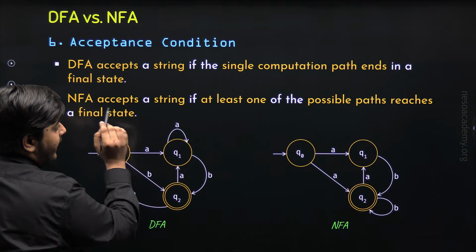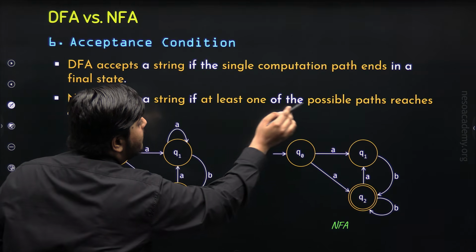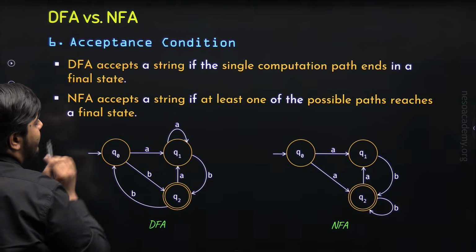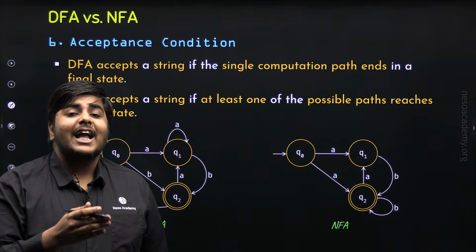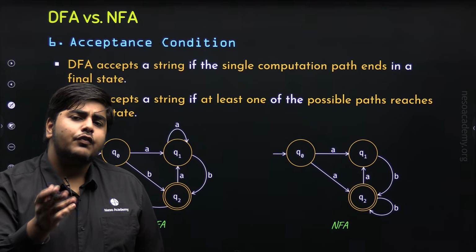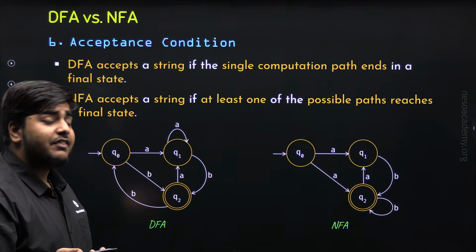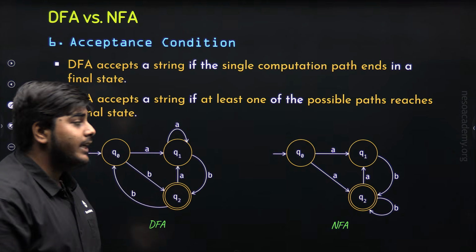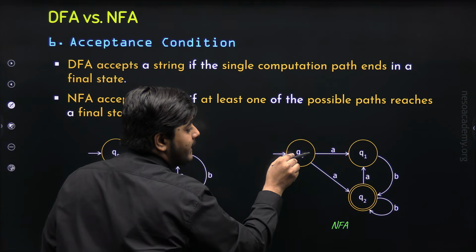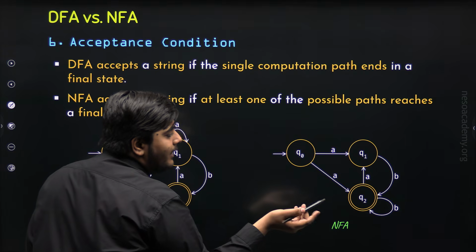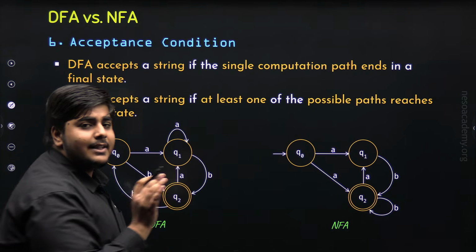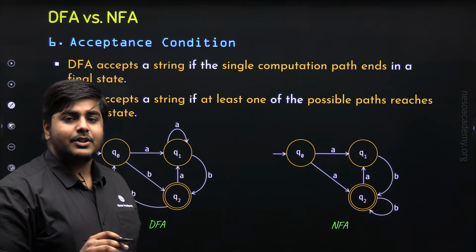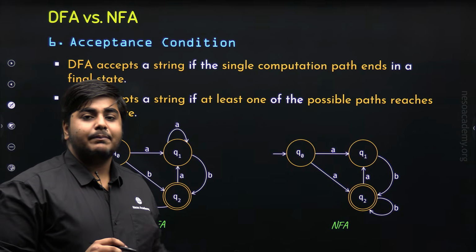NFA accepts a string if at least one of the possible paths reaches a final state. In case of NFA, there can be multiple computation paths for the same input string. Like if I talk about the same input string AB, the first computation path is A, B, and the second computation path is A, B. Fortunately, in this example, both computation paths are reaching the accepting state.